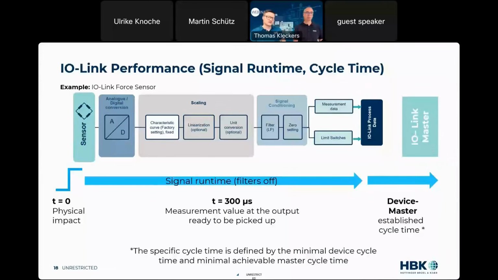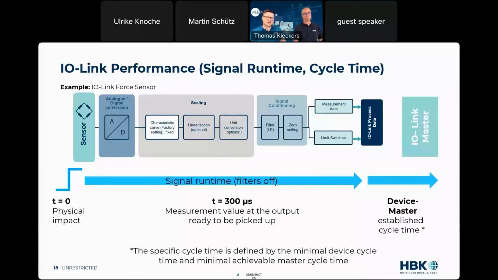For force sensors, for example, we have a 300 microsecond signal runtime. So you can detect the physical impact, and after 300 microseconds, we have detected the max value, the measurement value, whatever you can think of, at the sensor's output. So this is a very fast signal runtime for the sensor itself.